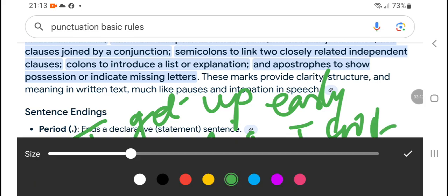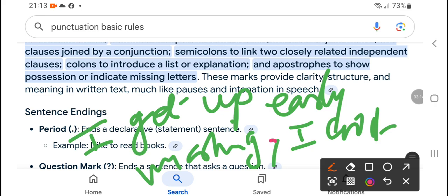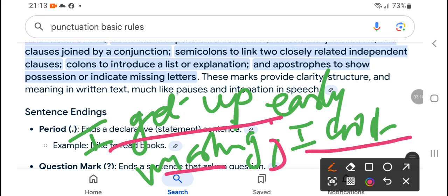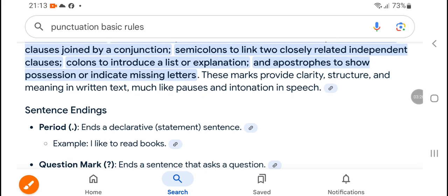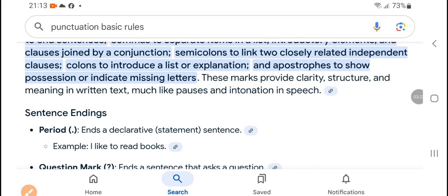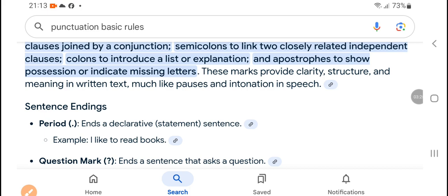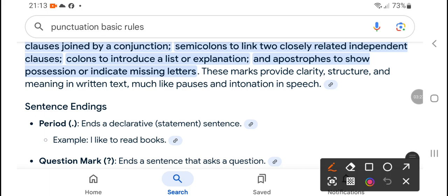So there will be a semicolon between this sentence and this sentence. That is the usage of the semicolon, right? Please take care: two closely related independent clauses. For this, semicolons are used.